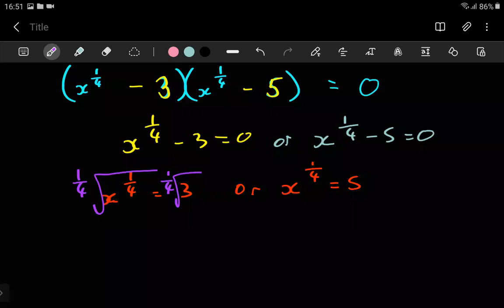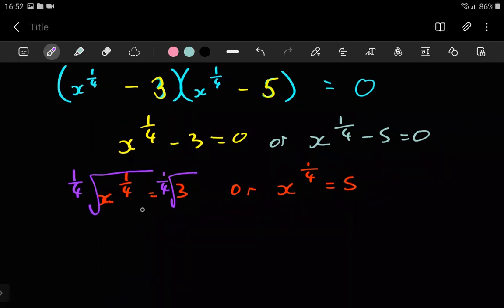Let me put it in: the fourth root, then 3, gives me 81. So x is equal to 81.